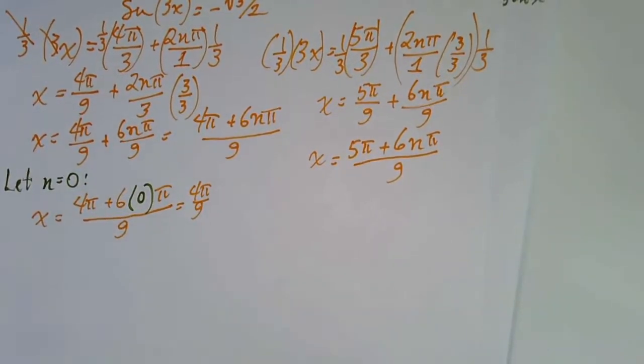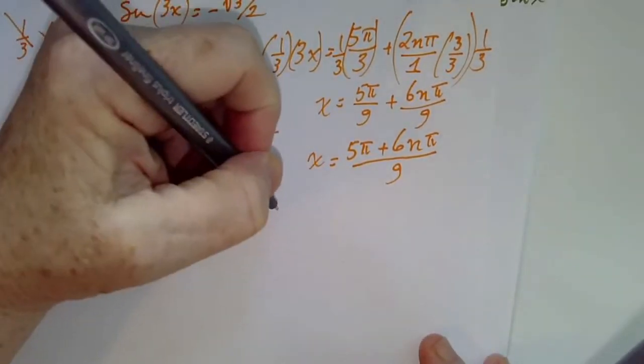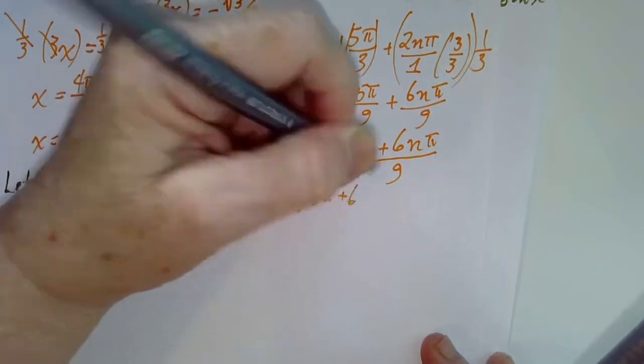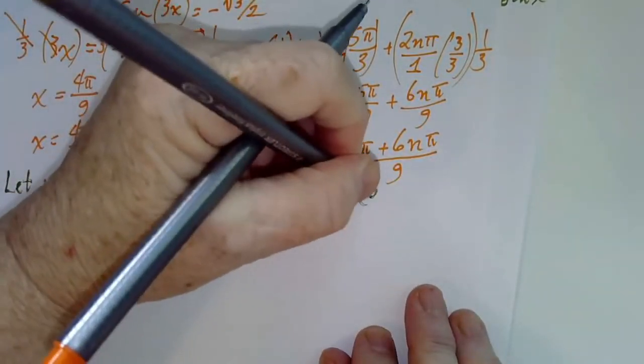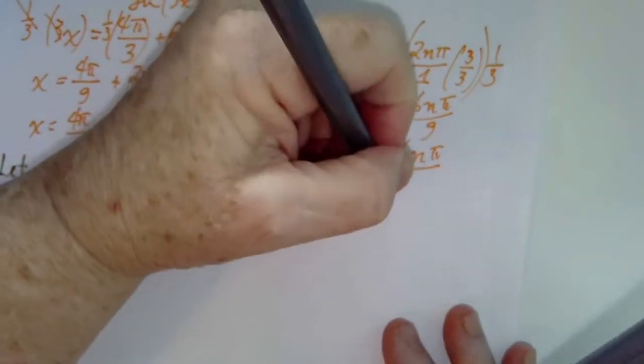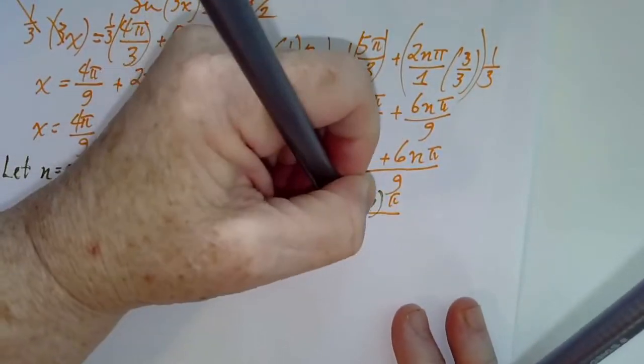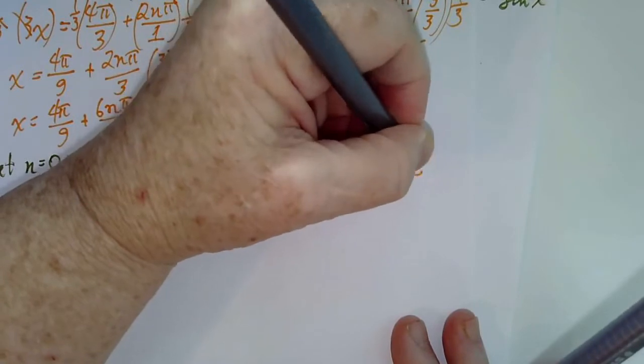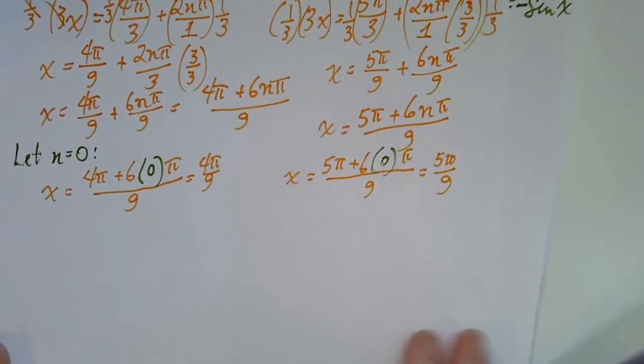And I'm going to do the same thing over on the second part. x is equal to 5 pi plus 6 times 0 times pi over 9, and that's 5 pi over 9. Those are our first two solutions.